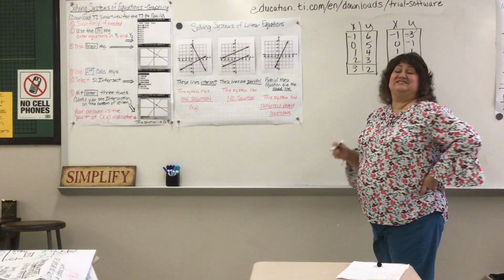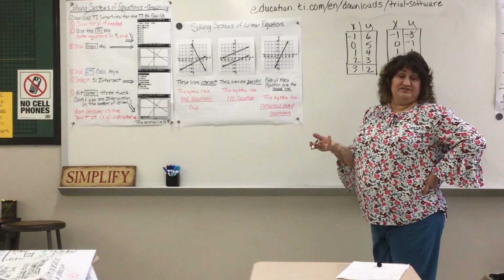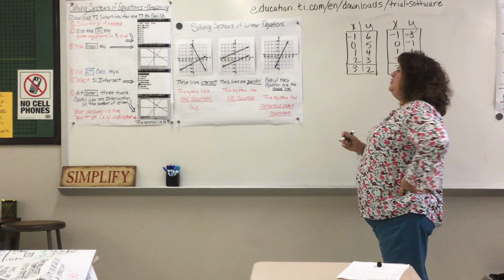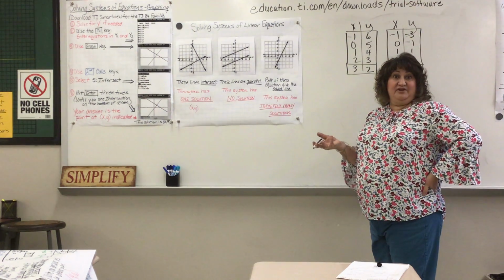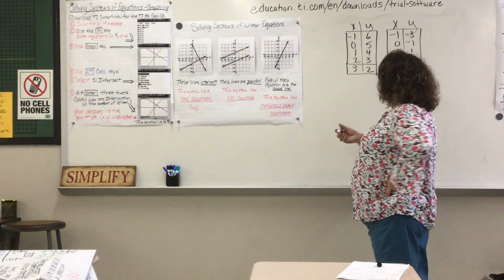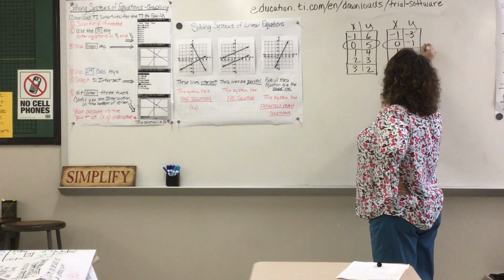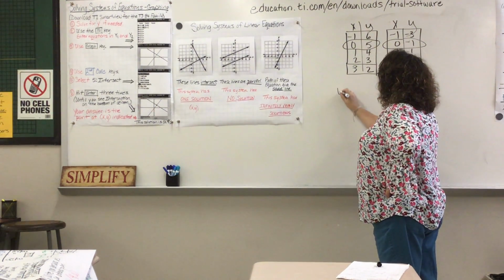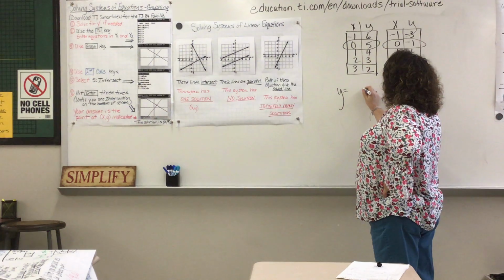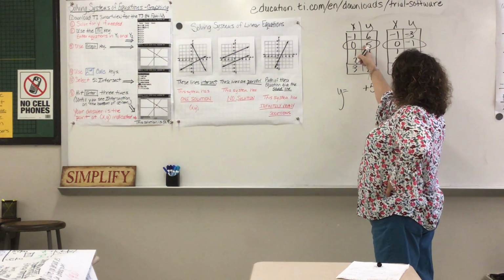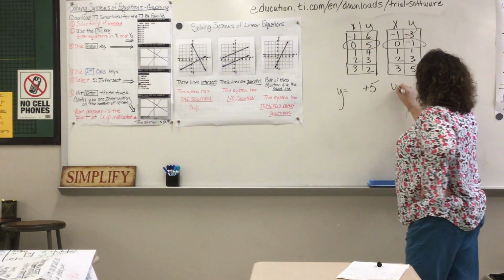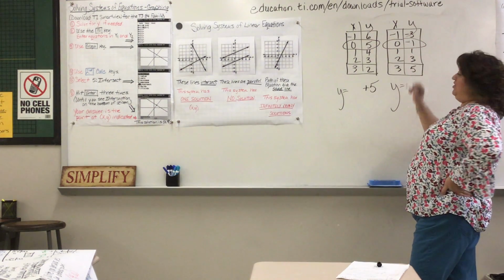So first thing we're going to do is identify the y-intercept like we did on the graph. Well, we know the value of x at the y-intercept is 0, right? So if I look at the table, I'm looking for where x equals 0, and that's my y-intercept. So this one's going to be a plus 5, right? And that's where x is 0. This one is going to be a negative 1.